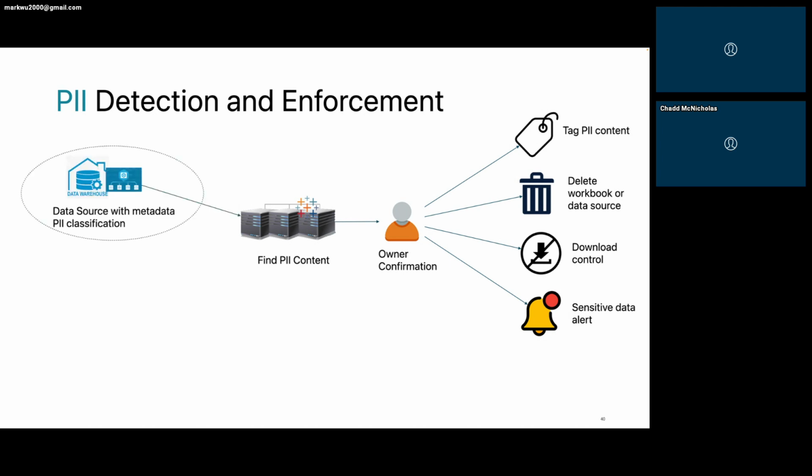Let's talk about it. How do I detect PII? Luckily, in my organization a lot of data comes from the EDW, Enterprise Data Warehouse. The EDW has done a very good job.